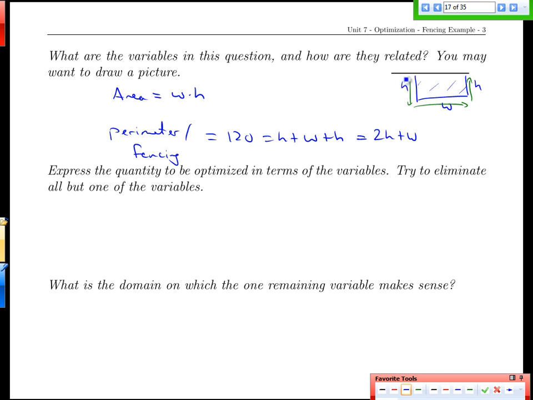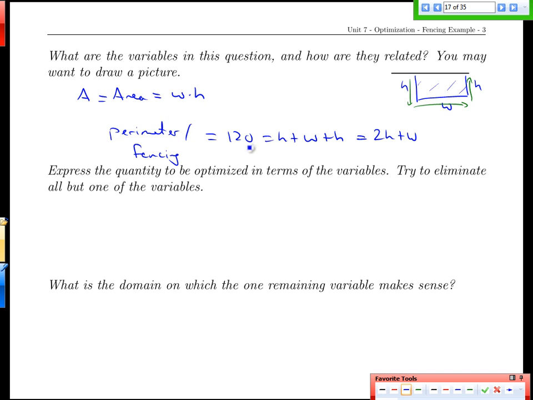What that means is that we can't choose H to be 100 and W to be 100 both at the same time. We would run out of fence if we did that. So there's some relationship between these. If I pick the height, then the width has to come along for the ride to keep this 120 meters valid. Knowing that these two equations are playing a role at the same time, and we want the area to be maximized, let's call that A here.